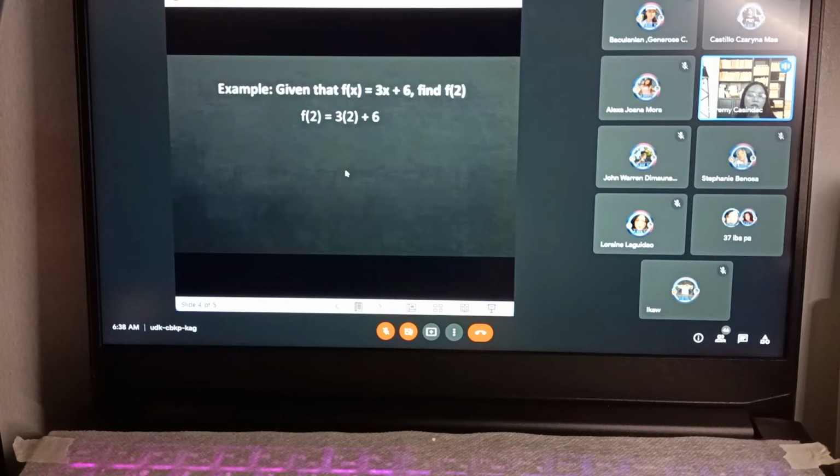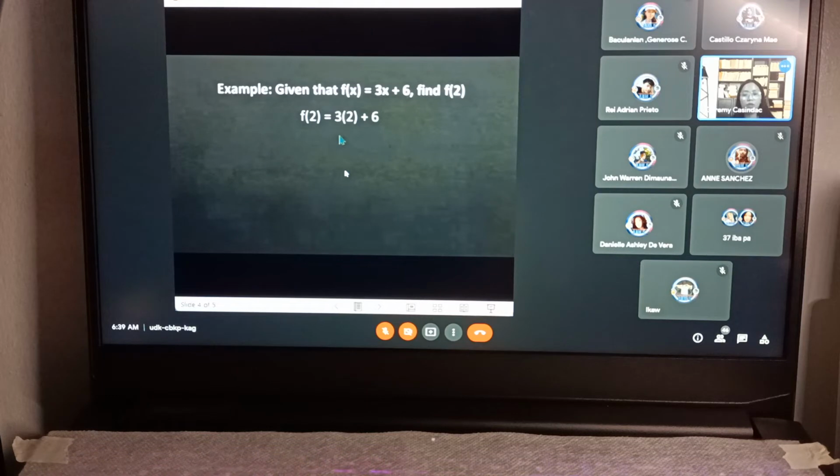What we must do first, multiplication or addition? Following the sequence. Multiplication. Okay, that's correct. So, first we need to perform the indicated operation and simplify 3 times 2. So, what is their product? Ma'am, ano po yung product ng 3 and 2? 6 po.